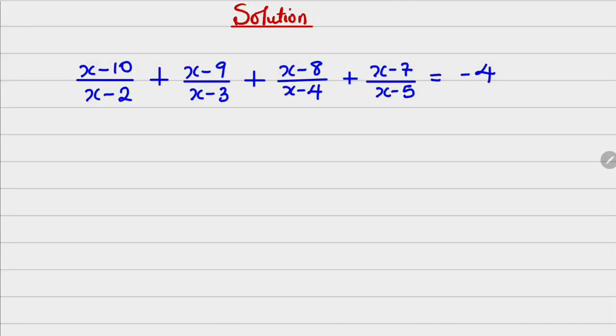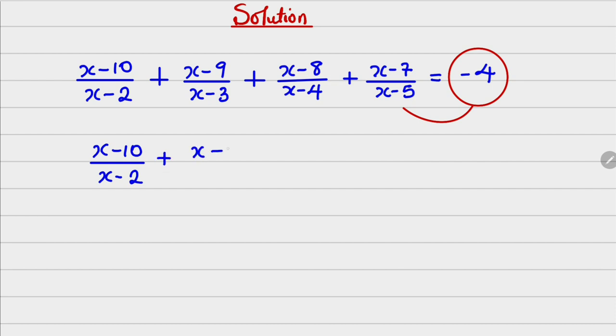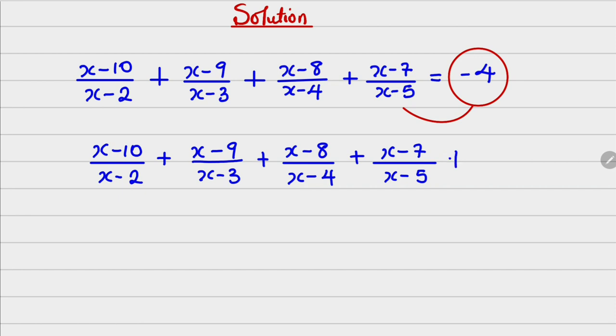Now from the screen, I will make the first step by taking this down to this part. So I'm going to have x minus 10 all over x minus 2 plus x minus 9 all over x minus 3 plus x minus 8 all over x minus 4 plus x minus 7 all over x minus 5, then plus 4 is equal to 0.